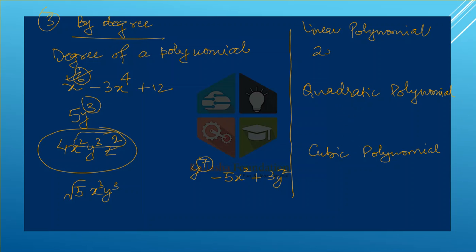Linear polynomial is 2x plus 5, x power 1. Okay, the power of x is 1. 3y minus 2 root 3y plus 7 by 3. The power of the variable is 1.